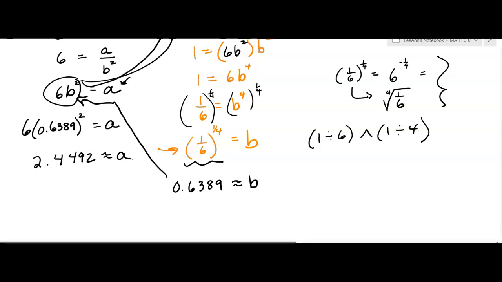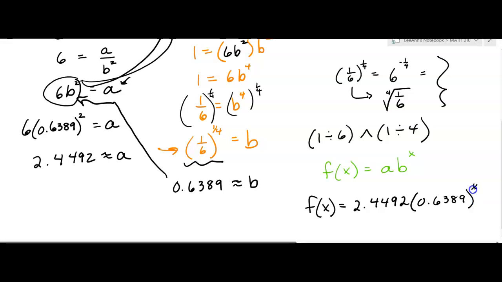Now that I know what a and b are, f of x is equal to ab to the x. We just solved for a and b, so we need to make sure we write it in that form. f of x equals a, which is approximately 2.4492, times b, which is 0.6389 to the power of x.